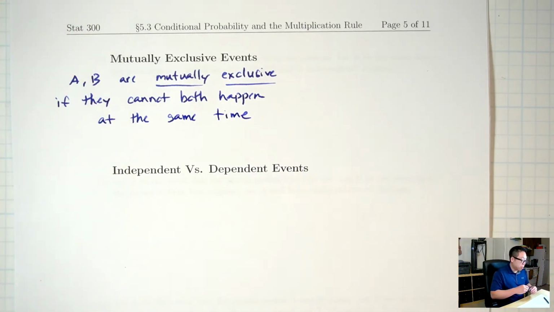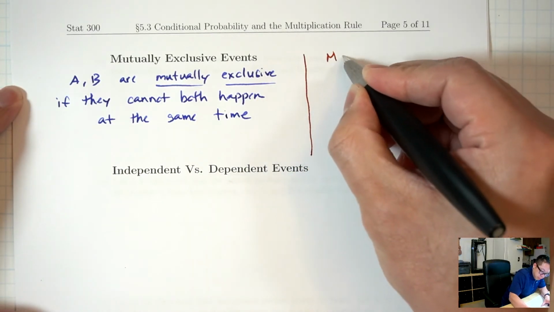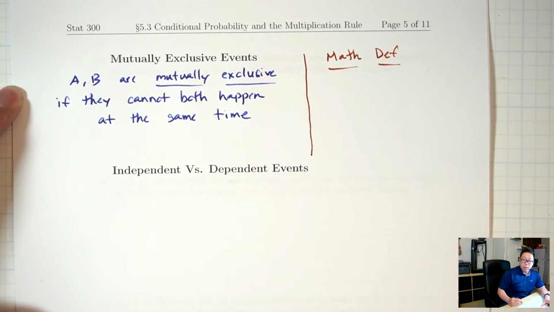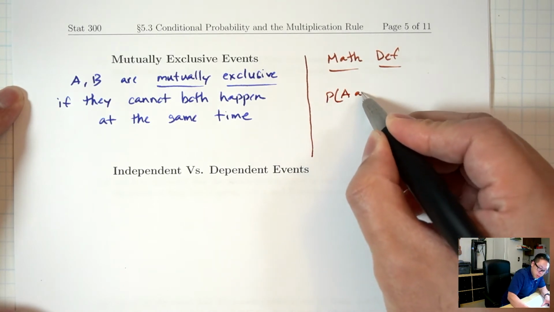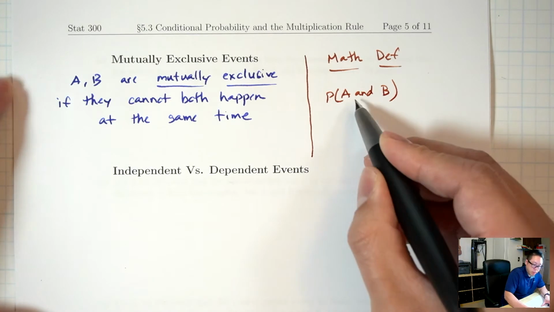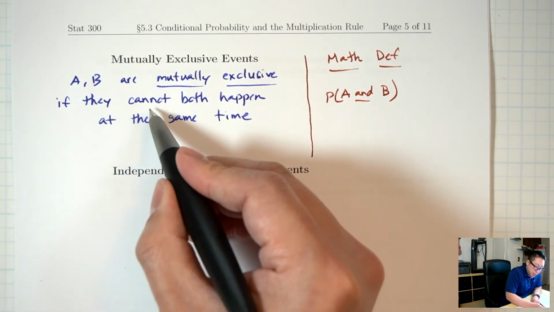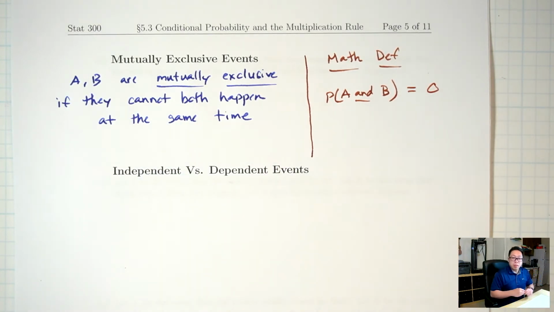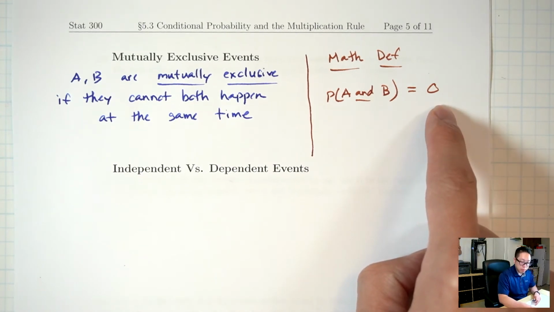And then we also talked about a math definition that you check. The math definition you check is you check the and. So this is the probability of A and B both happening at the same time, right? If they cannot happen at the same time, the probability is going to be 0. So you check the and. If it's 0, it's mutually exclusive. If it's not 0, it's not mutually exclusive.